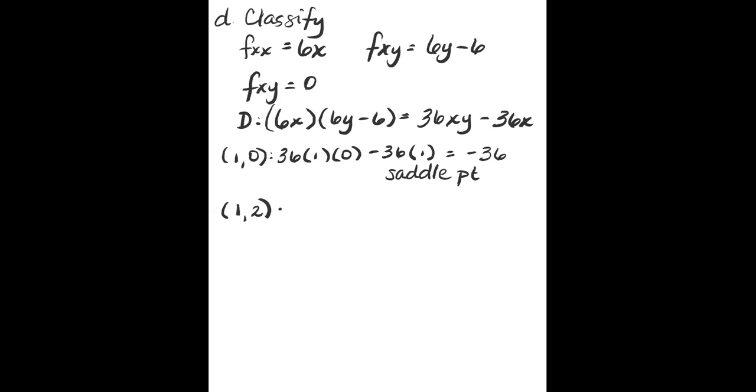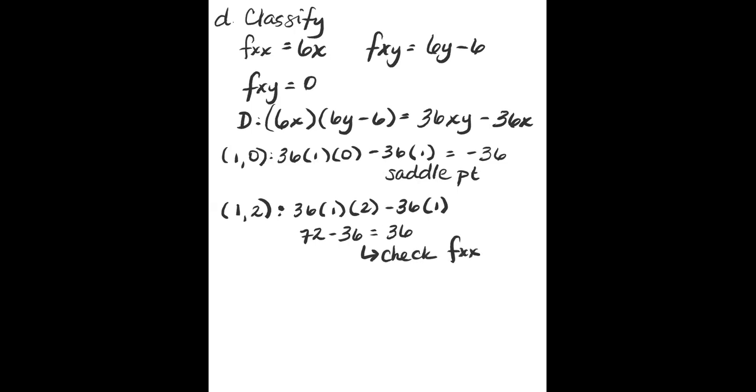Plug that in. 36 times 1 times 2 minus 36 times 1 gives me 72 minus 36, which gives me 36. Positive. Check fxx. Well, fxx is 6x, so 6 times 1 gives me 6. It's positive, so I get a minimum.